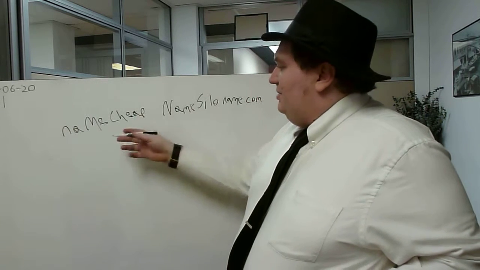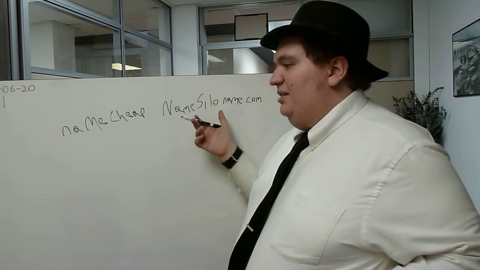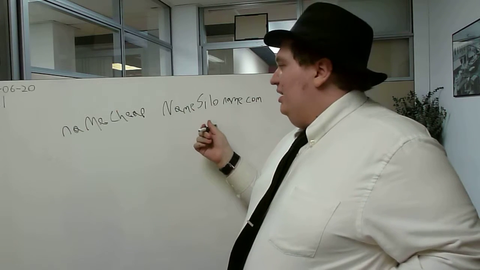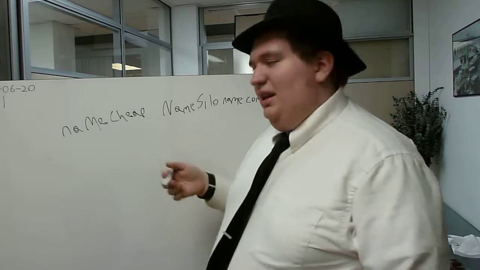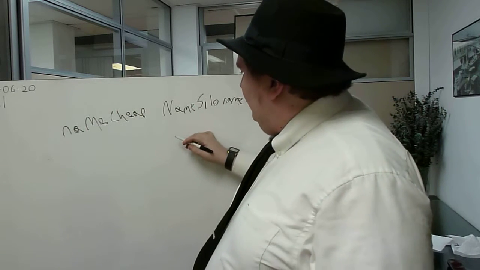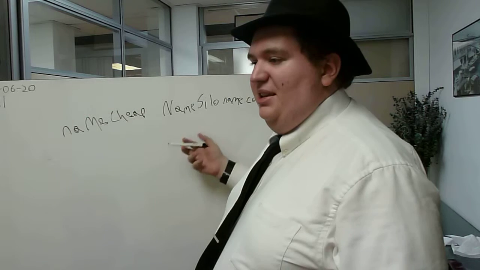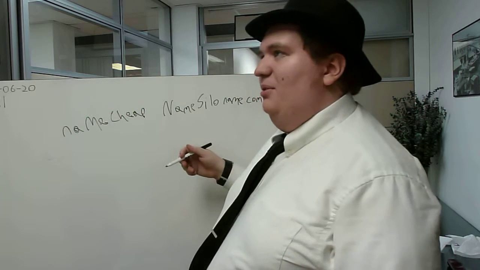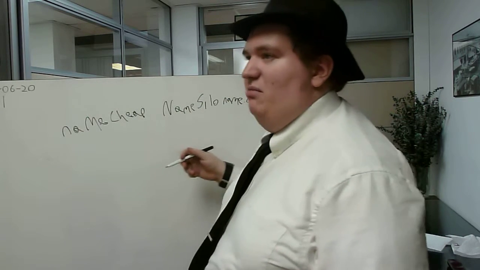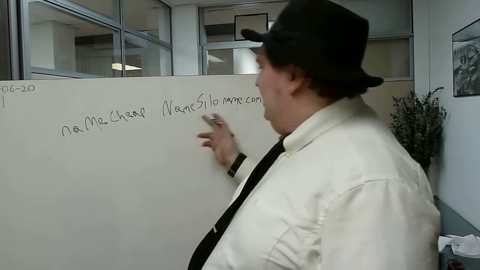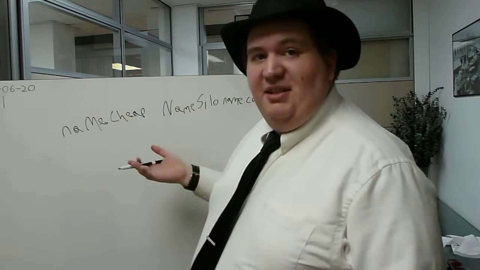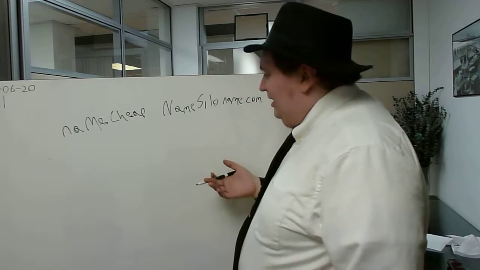So the way this works is you go to one of these and then you pay them. You pay NameSilo like $8.89. And if the name is not taken, like say that I want a certain name.com, then NameSilo will be like, yeah, we can get you that .com.